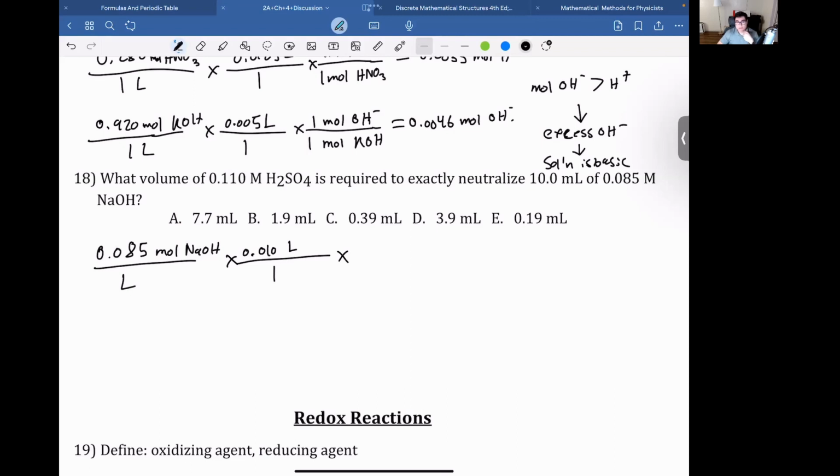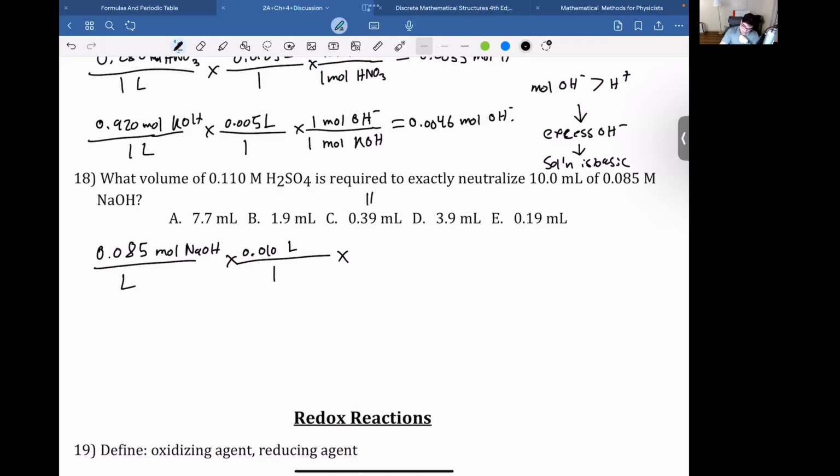So now we're working in moles of sodium hydroxide. I need to have an equimolar amount of sodium hydroxide to H plus protons that are produced from H2SO4. Notice how I said H plus protons. I didn't say equimolar amount of H2SO4 and NaOH. Why?